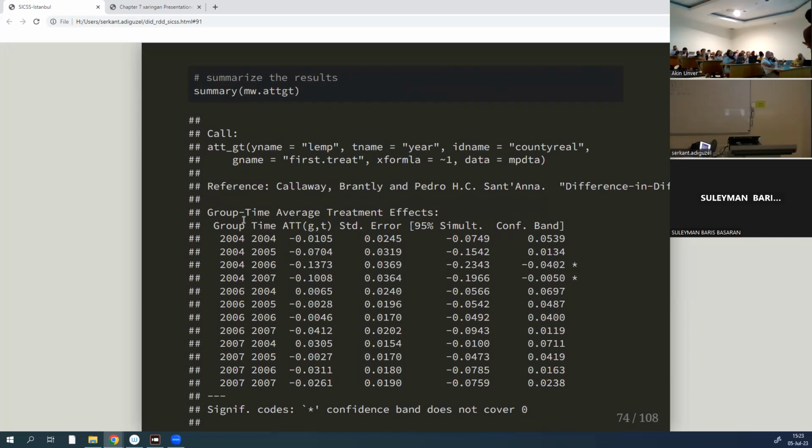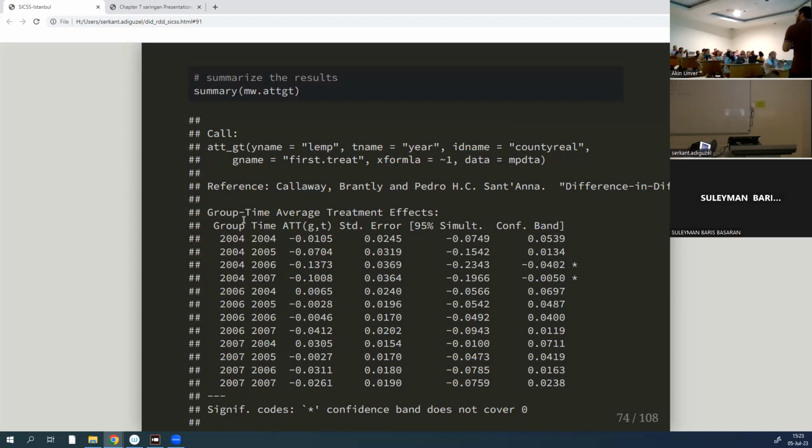For instance, this 2005 point estimate shows what happens in 2005 to counties that were treated in 2004. So this is 1 year after treatment, correct? But in 2005, the group treated in 2006 is not treated yet, because they are treated in 2006. So for that group, if you want to look at post-treatment, this is the coefficient.